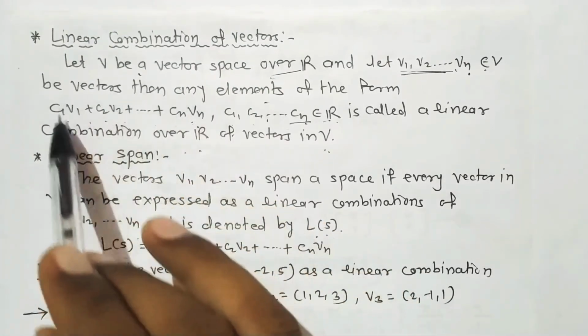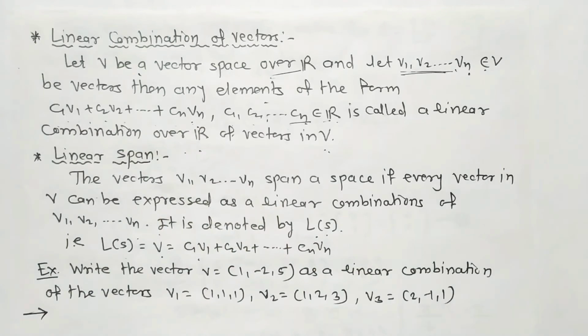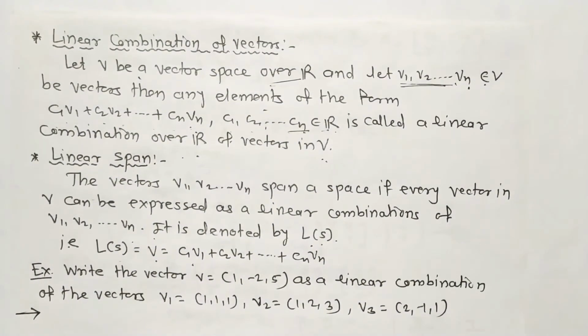Such a combination is called a linear combination over R of vectors in V.